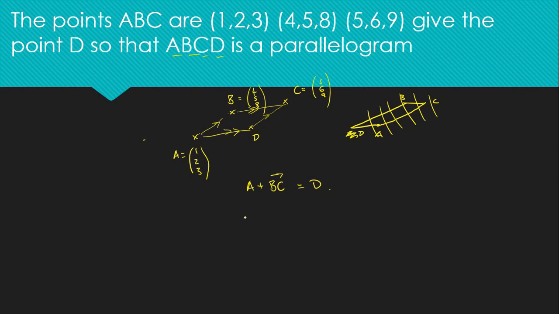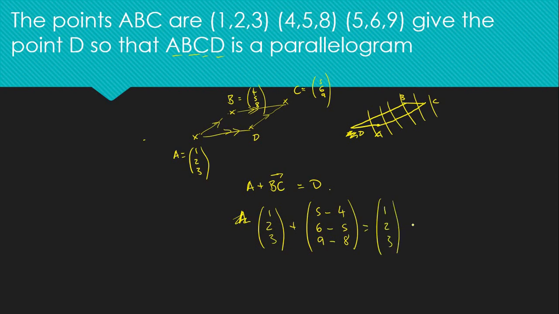D. So we could say, well, A, which is equal to (1, 2, 3), plus B to C, which was (5, 6, 9) subtract (4, 5, 8), which is going to equal (1, 2, 3) plus (1, 1, 1), which is going to be (2, 3, 4).